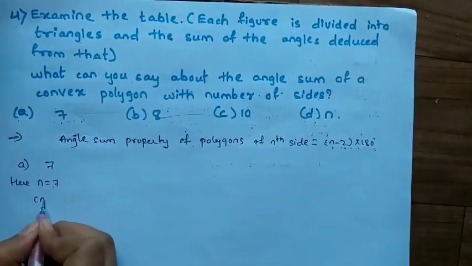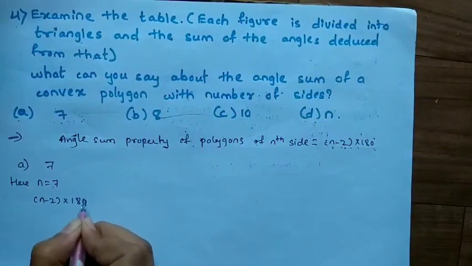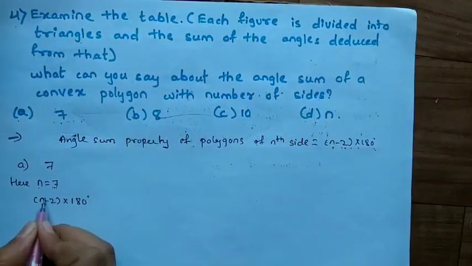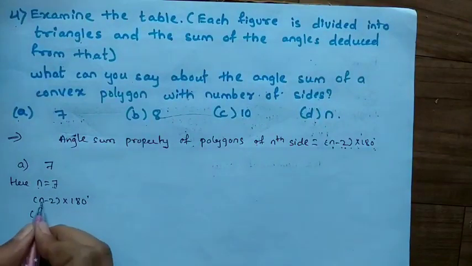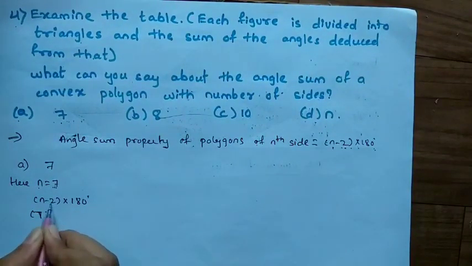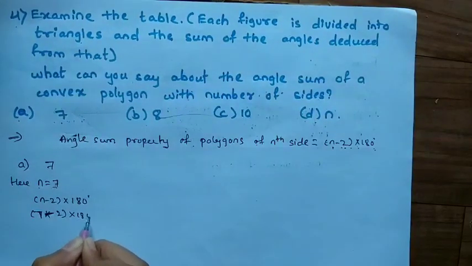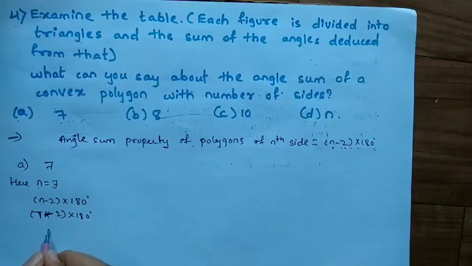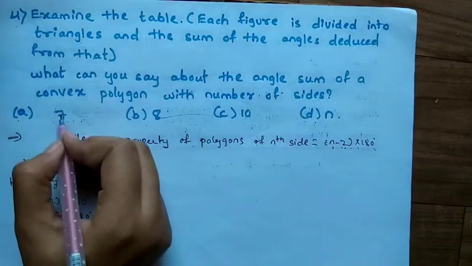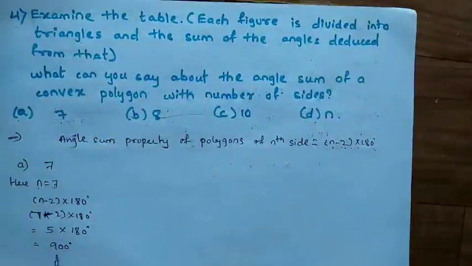Replace n by 7: (7 minus 2) into 180 degrees. 7 minus 2 is 5. 5 into 180 degrees is 900 degrees. So the sum of the angles of the 7-sided figure is 900 degrees.